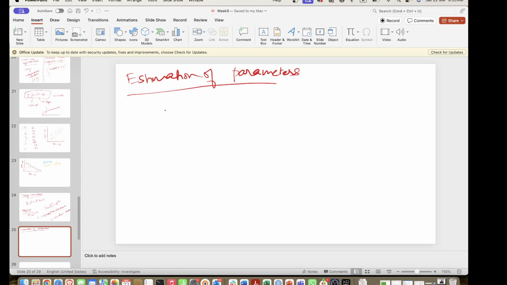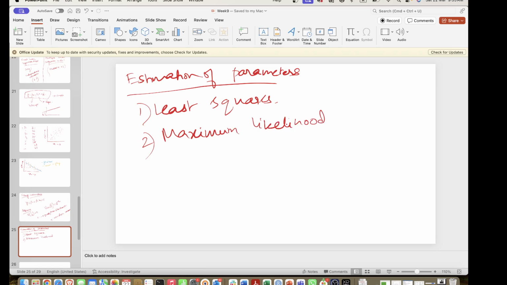The first is the process of least squares, and the second is the process of maximum likelihood. Least squares doesn't require any distributional assumption, but maximum likelihood requires a distributional assumption. So let us learn about least squares.